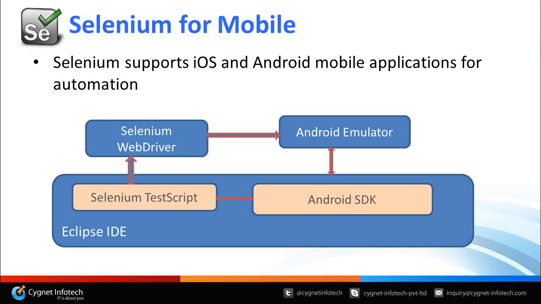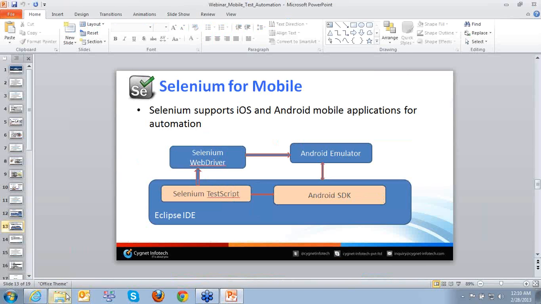That's the only requirement, and you can use any particular IDE and develop your script in it. In our case, we are developing our application in Java. So our test script would directly call the WebDriver, and the WebDriver will directly talk to the Android emulator to perform certain actions.